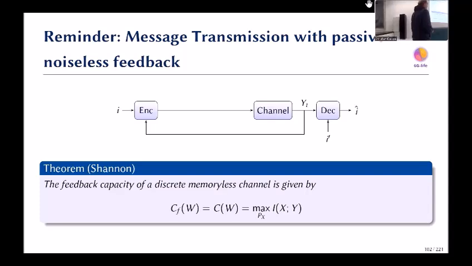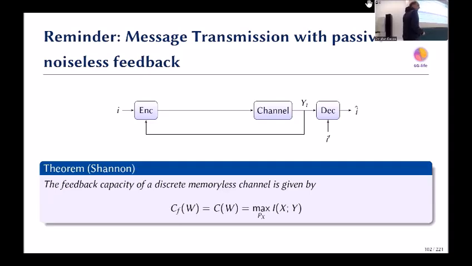Before we do this, I want to remind you, for transmission, Shannon showed that the feedback capacity of the discrete memoryless channel is the same as the capacity without feedback. So if you have noiseless passive feedback for a transmission channel, then the capacity does not increase.